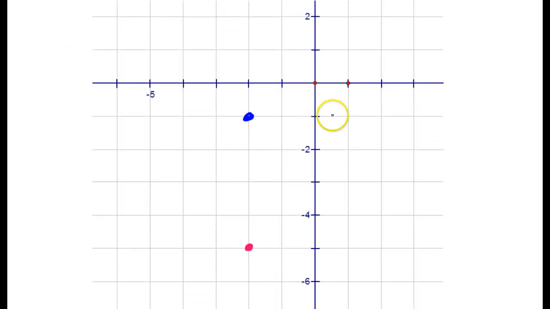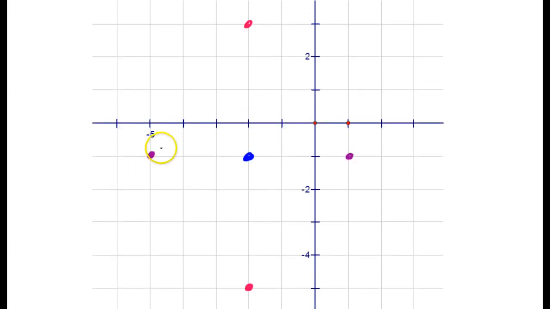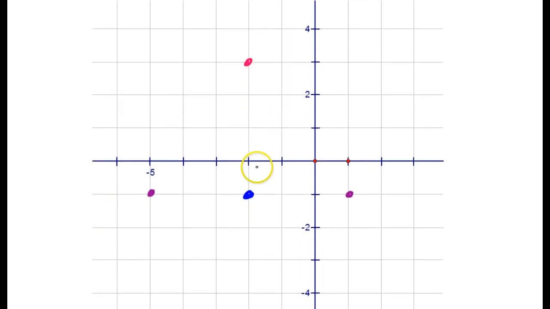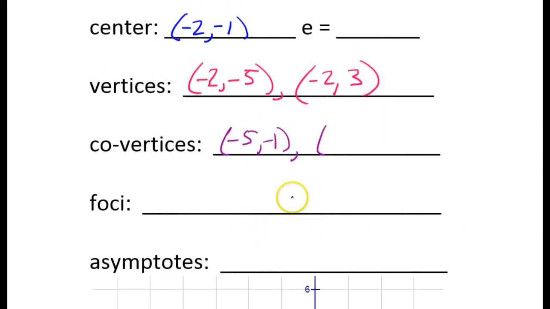So starting at the center, I will go 3 to the right and 3 to the left. So my left co-vertex is -5, -1. My right co-vertex is +1, -1.